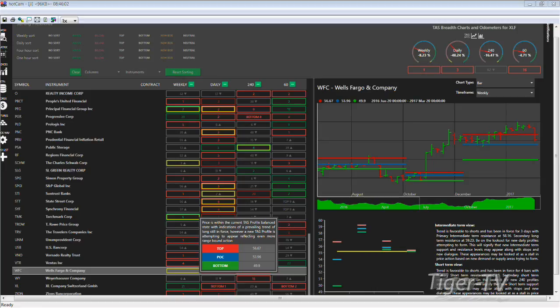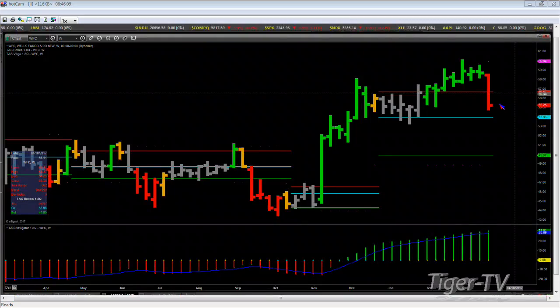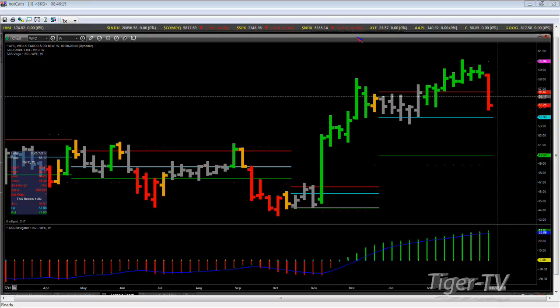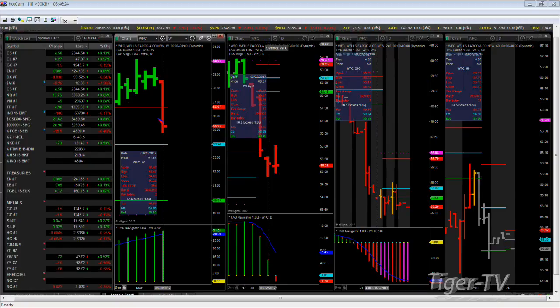We're probably going to have an inside box happening on WFC. We don't know yet where it's going to lie, but we're looking pretty good to have a new profile here Monday morning already. So we'll have some new inflection points to pay attention to, ways to trade this. Still not so sure that the financial sector is going to come off in a major way, but this is a pretty big event, coming back down into the balanced area on Wells Fargo in the long term.